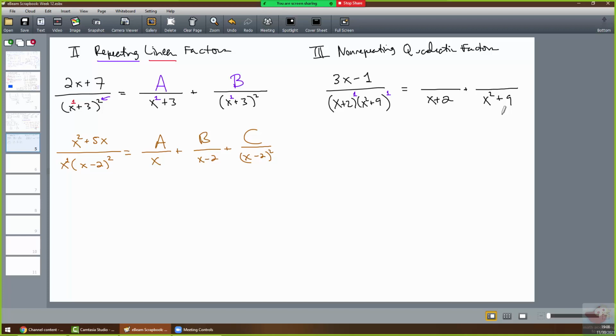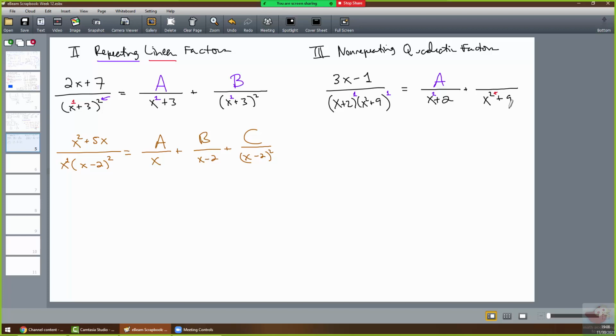Here's where it's different. Well, I lied. Not yet. Since the first denominator is a 1, the numerator will be 1 less degree, so 0. So we can just call that a. But the second denominator's degree is a 2. 1 less than 2 is 1.